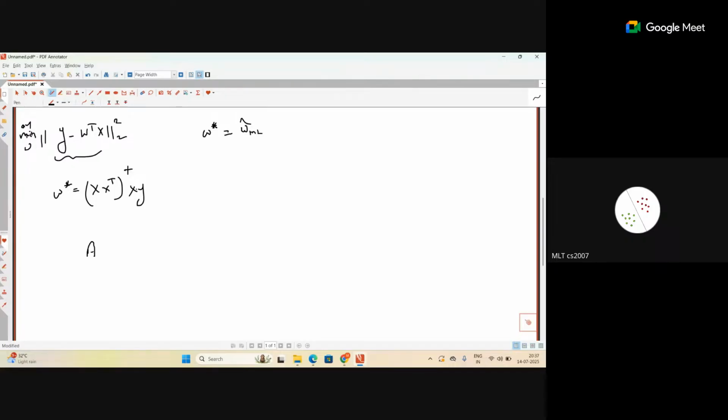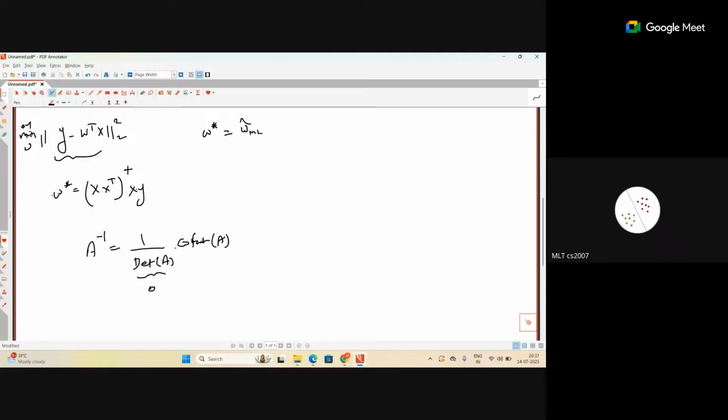If A is a matrix, its inverse can be found by 1 over determinant of A times the adjugate of A, which is the transpose of the cofactor matrix. So if the determinant is equal to 0, what will happen? This quantity will become infinite, so that is not possible, and hence for singular matrices, finding the inverse is not possible.